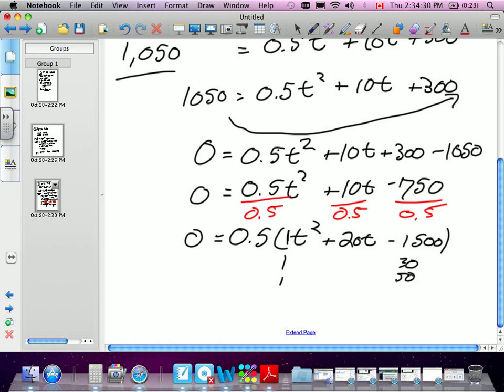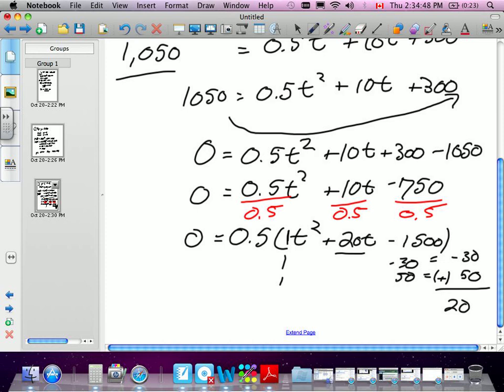We need to add these products together to get our middle term. So 30 times 50 equals 1,500. We need 30 to be negative in order to get 20.